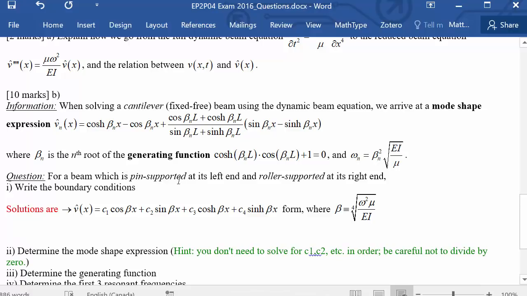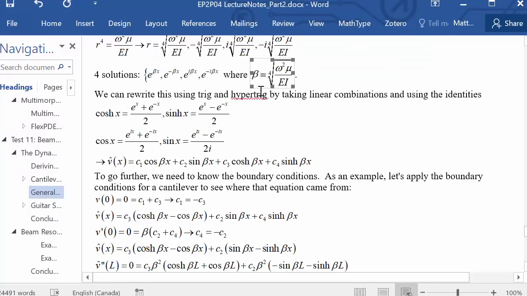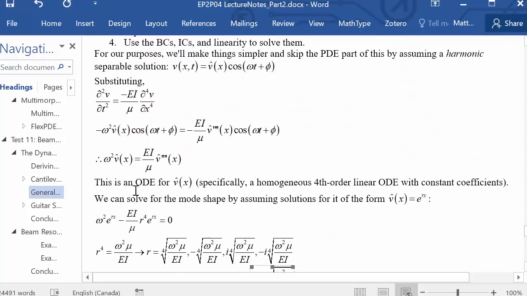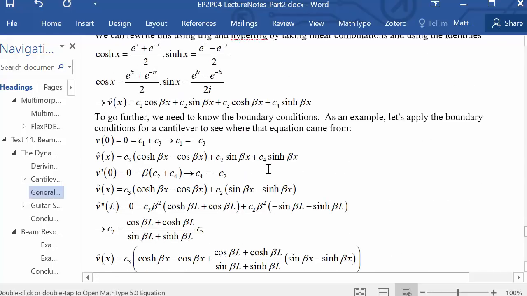So how do we find the boundary conditions based on these supports? The solution works for any sort of boundary condition setup. So you didn't have to apply any boundary conditions to this equation in order to come up with this as the general solution. The boundary conditions come next.